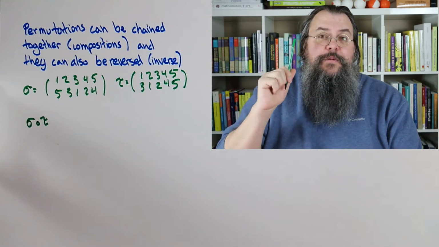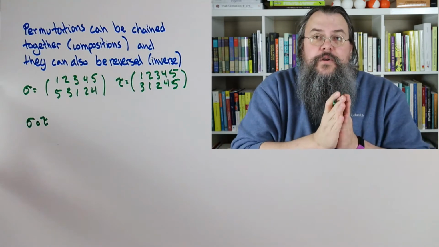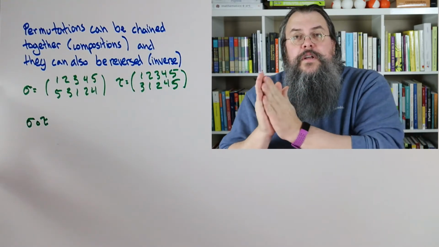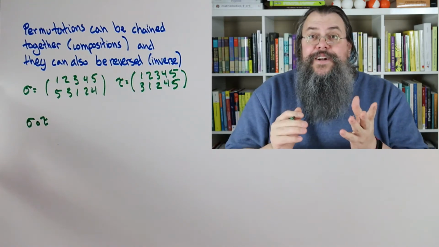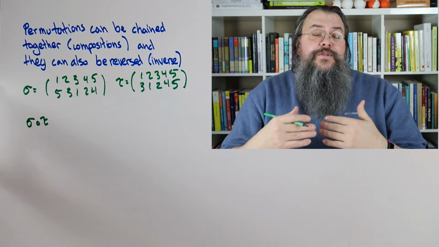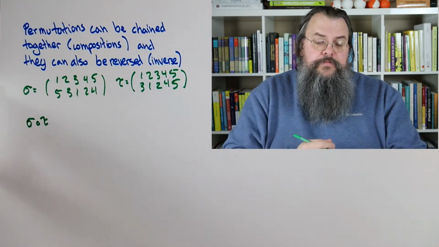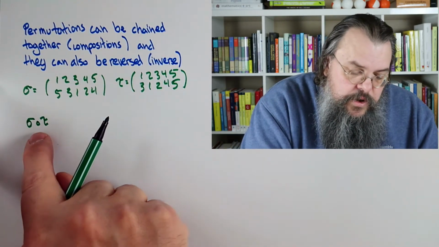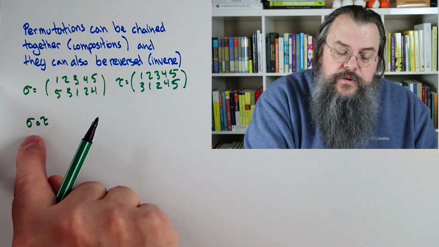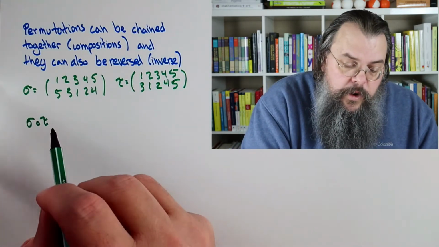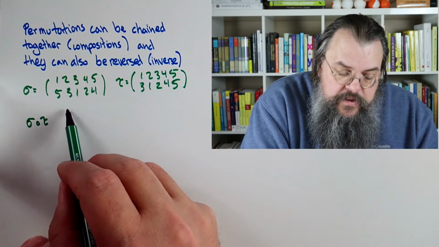Do you read from left to right or from right to left? It matters, and a lot of it comes down to how you use our notation. With this notation, we should really start with doing the tau and then do sigma.